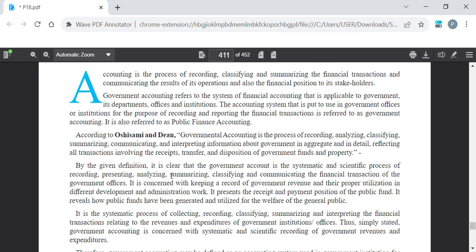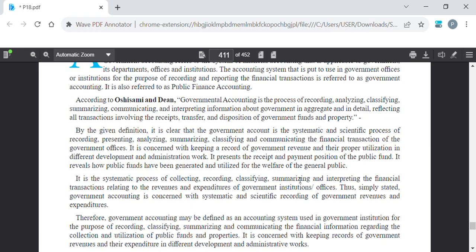By the given definition, it is clear that government accounting is a systematic and scientific process of recording, presenting, analyzing, summarizing, classifying and communicating financial transactions.